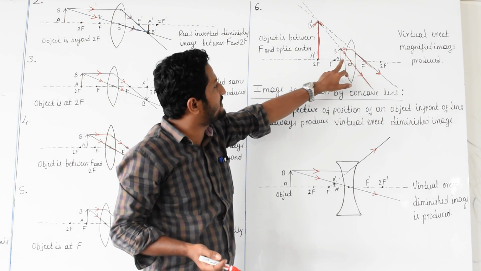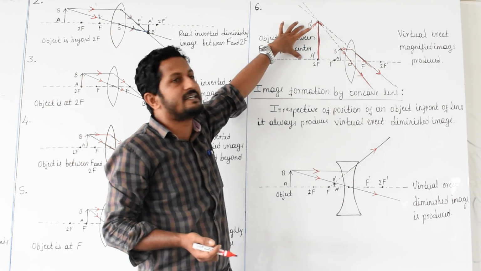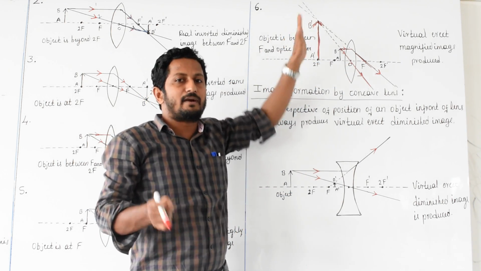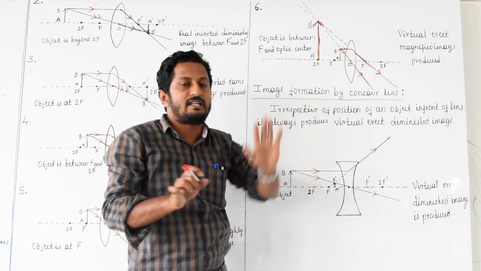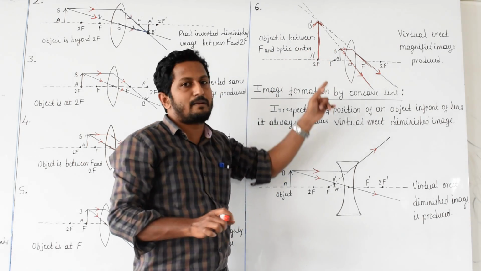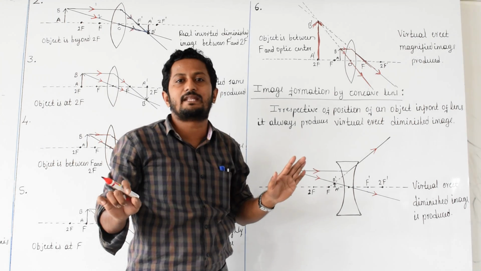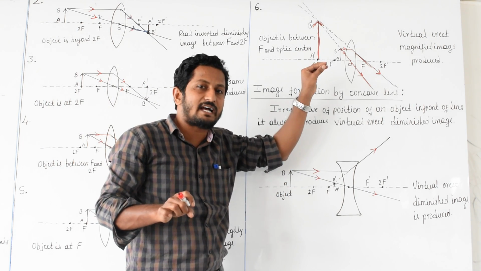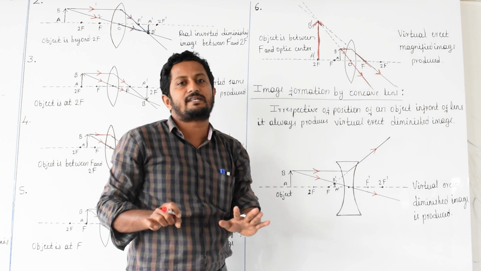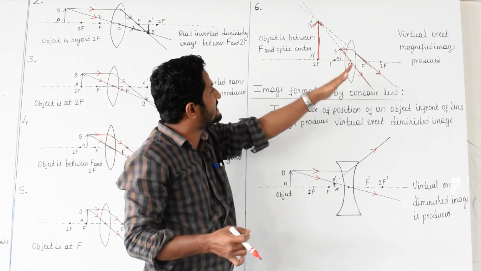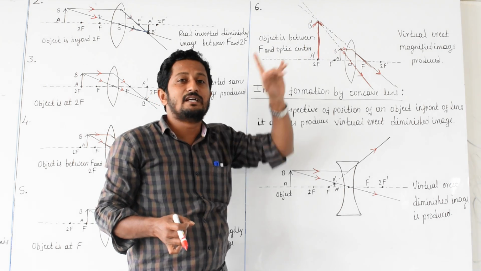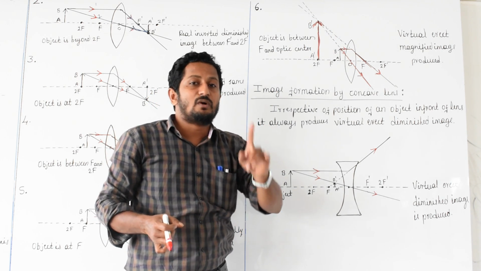I mean, you feel the image of this object is here. You feel it is there, but actually the physical appearance at that point will not be there. That's why we call this image a virtual image.